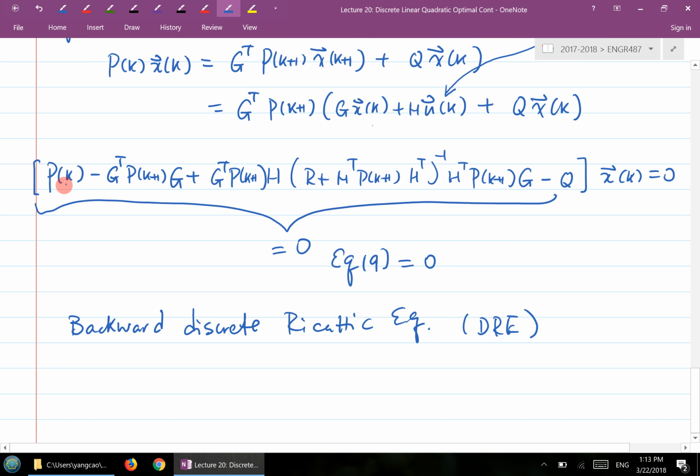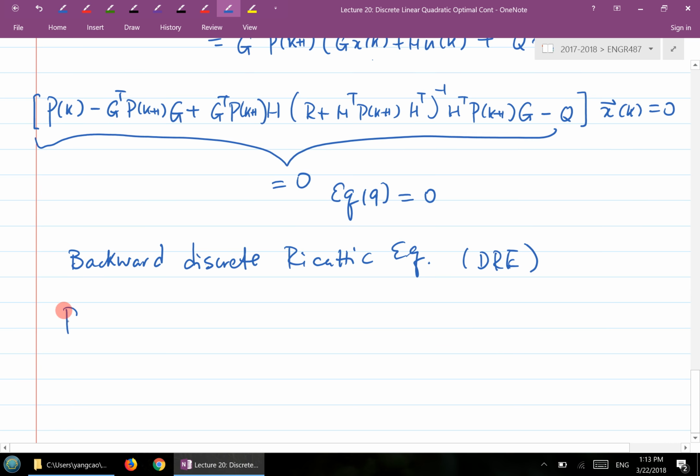This is p of k minus a whole chunk of things here, right? So that's equation 9. And I can write it as p of k equal to, moving all of these negatives into one side here. So basically you get, I said I didn't want to write, but I guess I need to write it one more time.